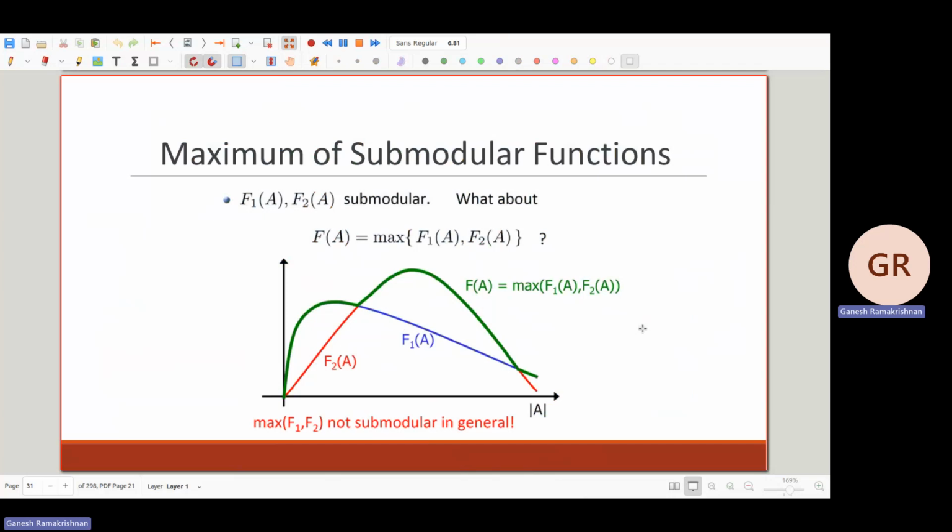Minimum of concave functions. Here, if you take max of submodular functions, is it submodular? So think about it. This is a homework problem for you guys. Will the max of two submodular functions be submodular? Will the min of two submodular functions be submodular? Are they like convex functions or concave functions? Same question. Okay. Think about this.